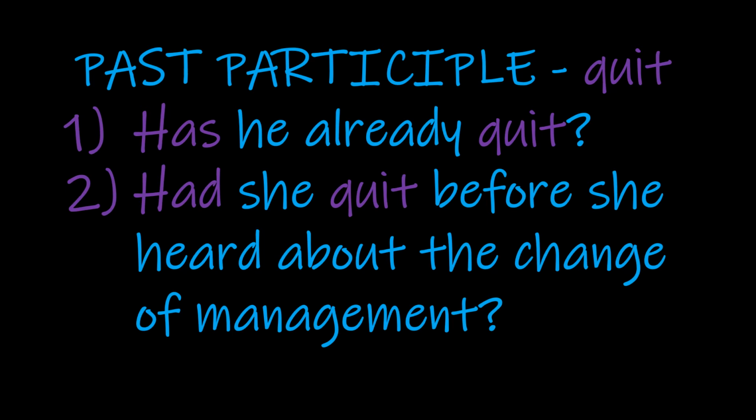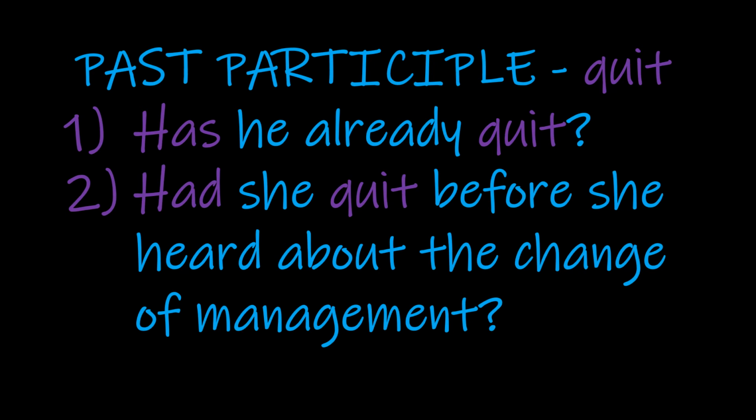Had she quit? And that helps the person I'm speaking to understand that I want to know if that thing happened first. So had she quit before she heard about the change of management? My friend might say, no, she quit after she heard, for example.